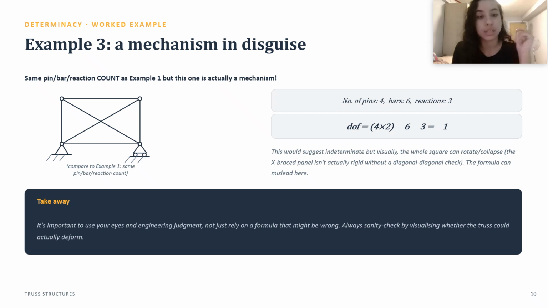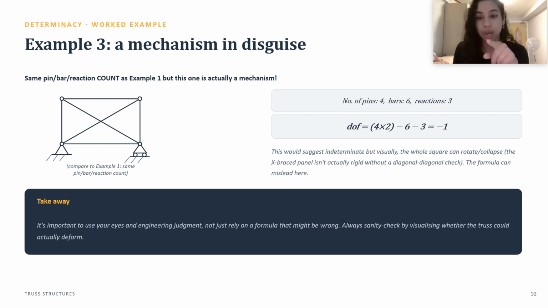That is because you should always do a sanity check, especially when you have an X-braced panel like we have here. Whenever you look at this shape, you just remember it all the time. And the reason for that is because the whole square can actually rotate and collapse. You will ask me, how come? Well, we might have a fixed pin on the left, but we have a roller pin there.